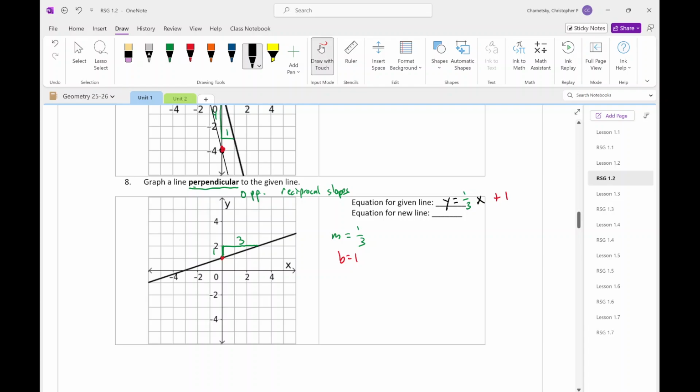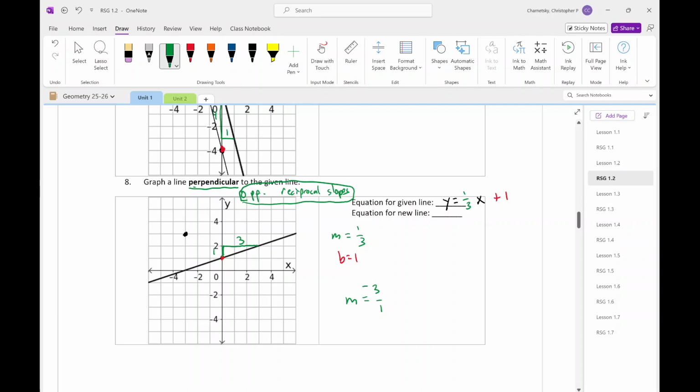All right, for my new line, I can pick any point, anywhere really. Maybe pick that point right there, just randomly. My slope has to be the opposite reciprocal, so I need to take this slope and flip it and change the sign, so from positive to negative.